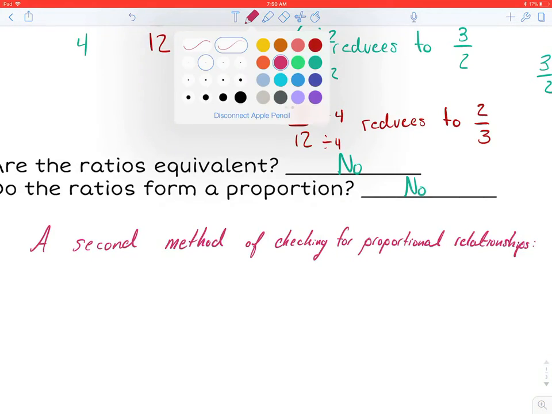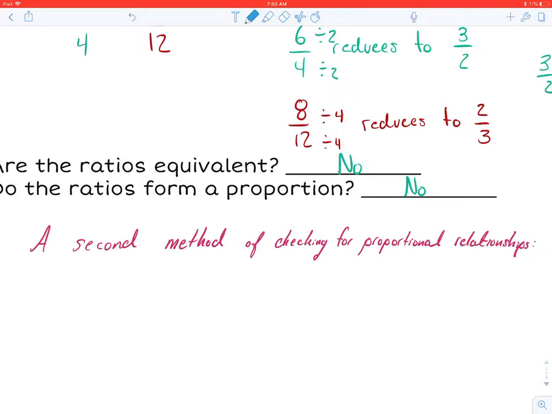So here is a second way that you can check. If the quotient of the ratio on one side of the proportion is equal to the quotient of the ratio on the other side, then you have a proportional relationship.